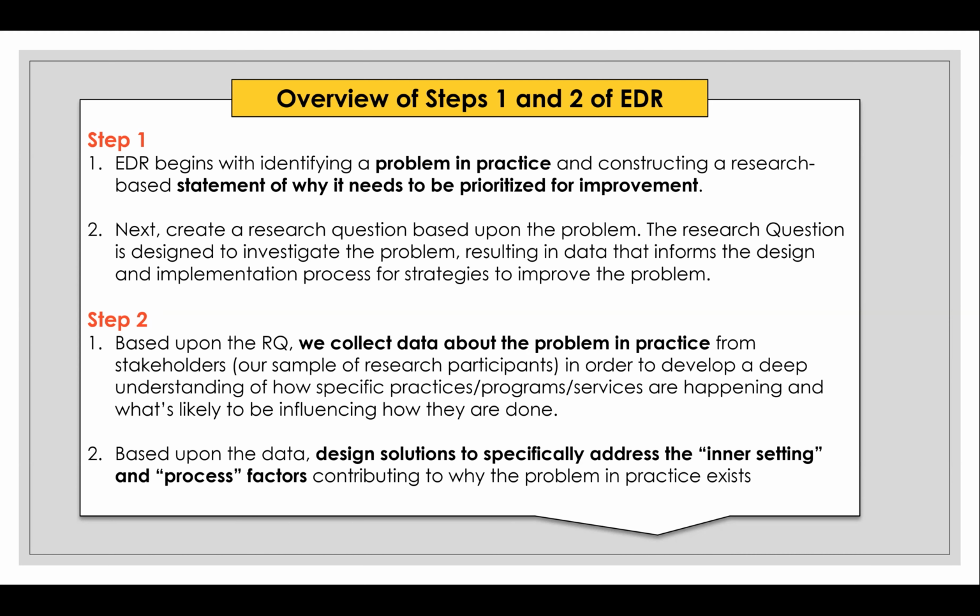So remember, those are organizational factors that influence the quality of programs, practices, and services, and also when those practices, programs, and services are actually done, supporting the process, the fidelity of how they're implemented as well, not just the factors within the organization, school, district, community that influence implementation.